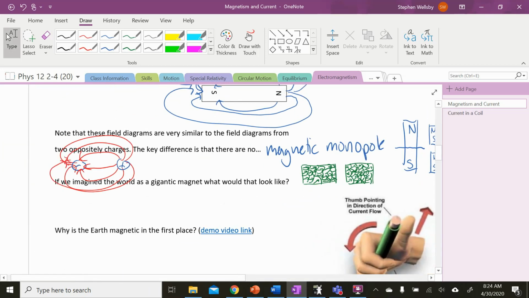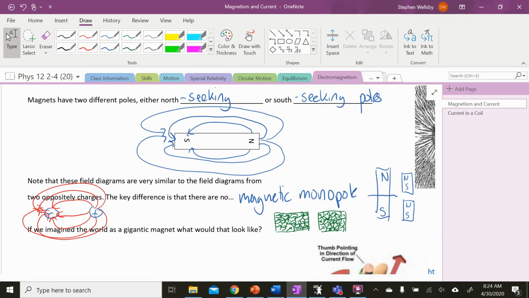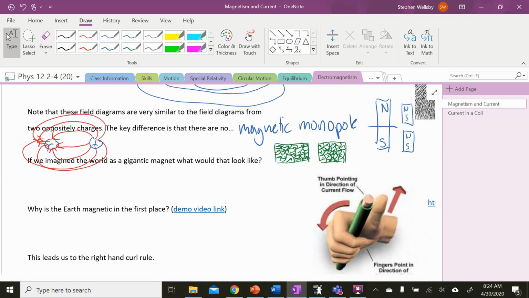Okay, so if we imagine the world as a gigantic magnet, what would that look like? Well, we know that a north pole is attracted to a south pole. So if we were looking at the Earth, so here's my Earth here, and if I put a magnet here, the north pole is going to be attracted here, and the south pole is going to be attracted here.